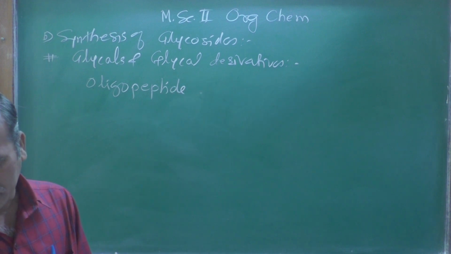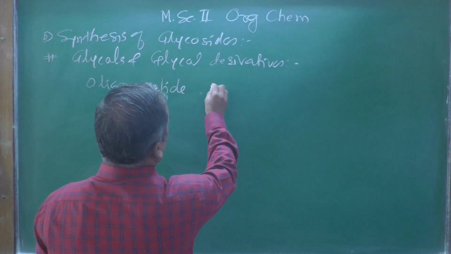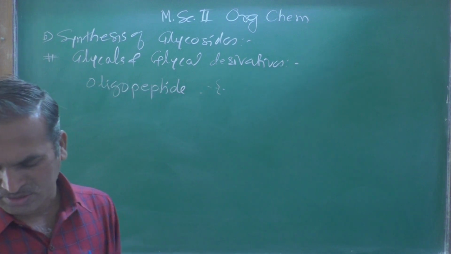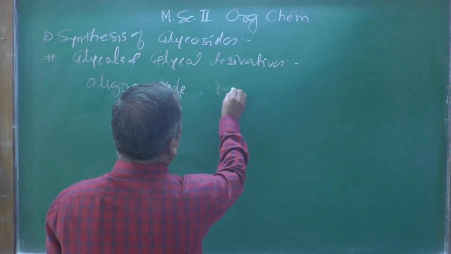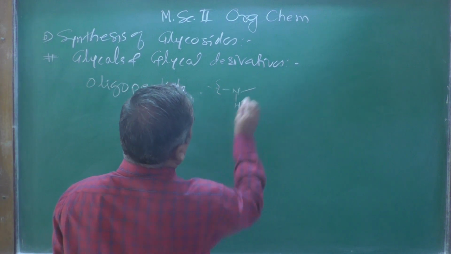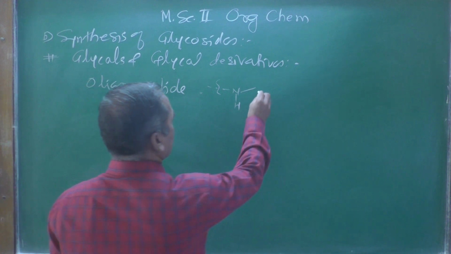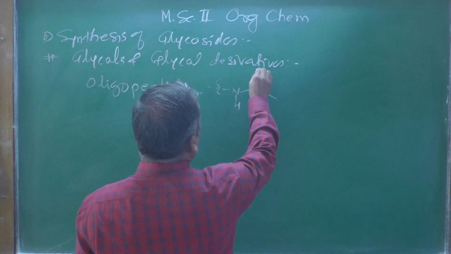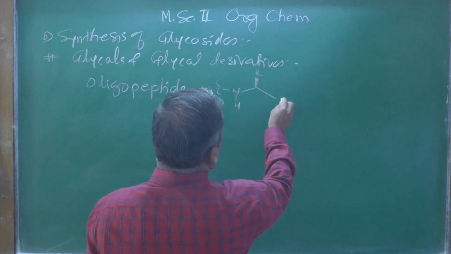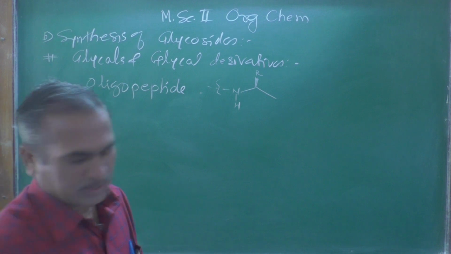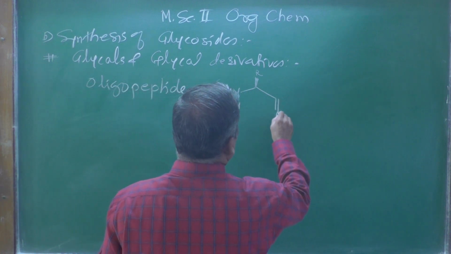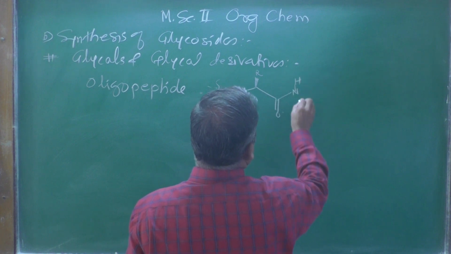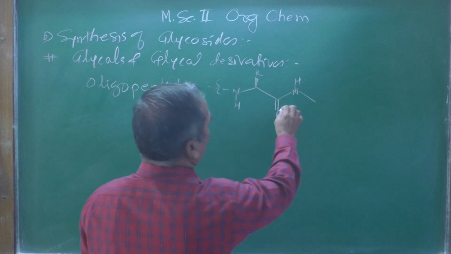Oligopeptide: how the oligopeptide bonds are formed. Let us look at here. It is a partial structure. I am trying to draw NH over here. Then there will be this junction where the R group is projecting above the plane, and then there will be a carbonyl group, and then NH, as we know.